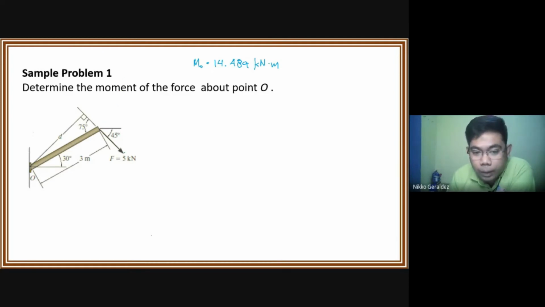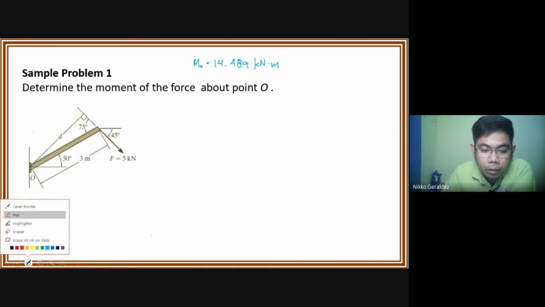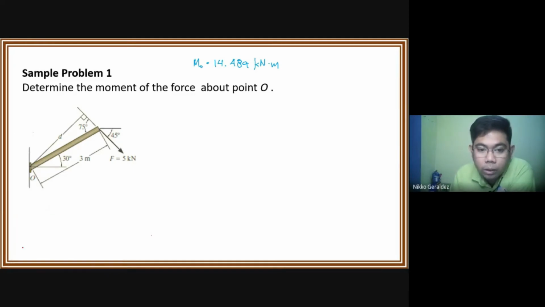Okay. Di ba, that is 5 kilonewton at an angle of 45 degrees. I-resolve natin into x and y components. X component, so horizontal, to the right, that is Fx.